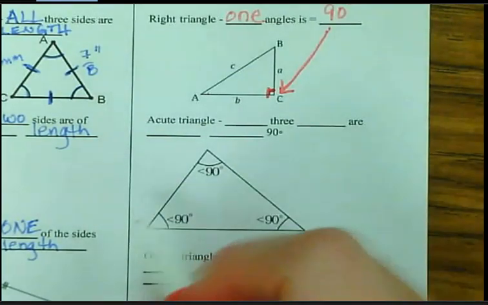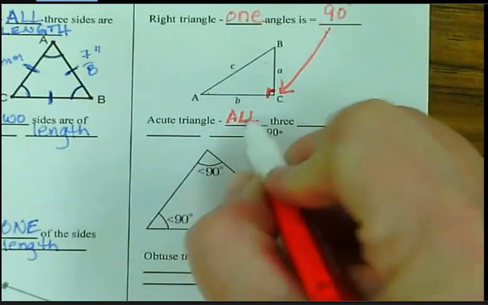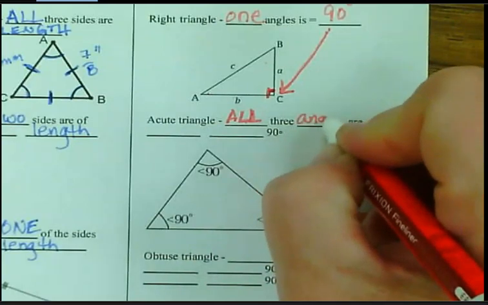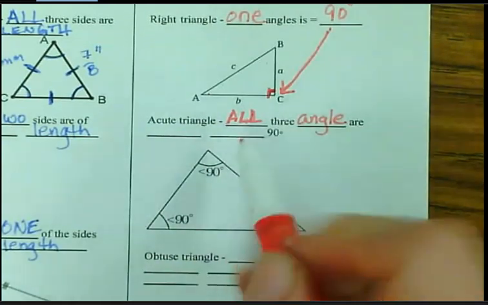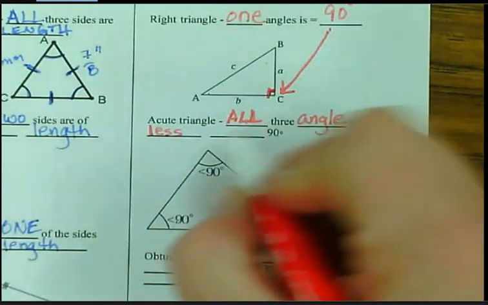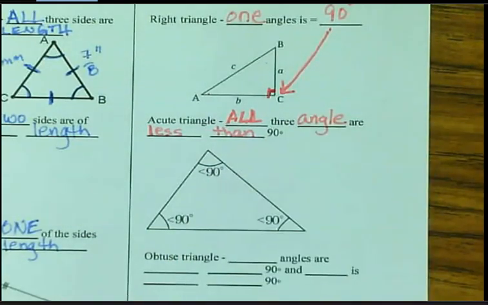So, an acute triangle has all three angles less than 90 degrees each.